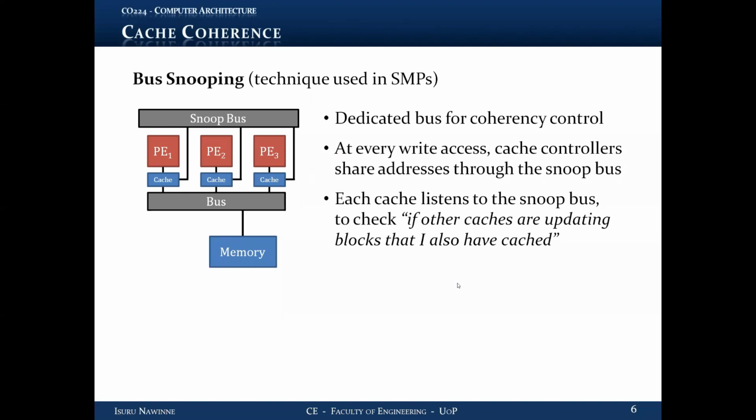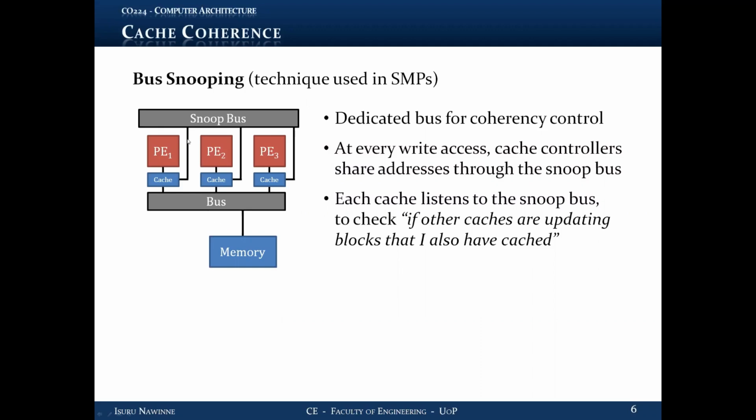In bus snooping systems, whenever there is a write access, cache controllers share the address through the snoop bus, right?